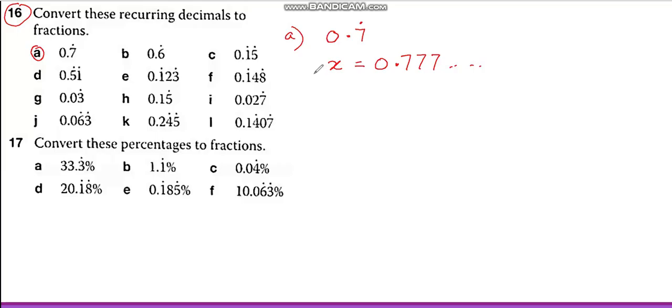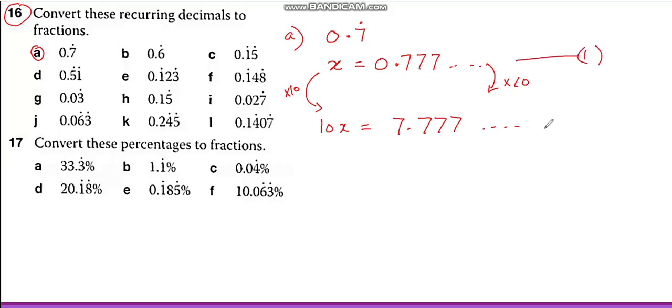Now we'll apply a bit of an algebraic technique here. First we will multiply both sides by 10. If we multiply both sides by 10, we get 10x on the left side, and on the right side we get 7.777 and so on. You can clearly see that if we call it equation 1 and this one equation 2, and subtract equation 1 from equation 2, the whole decimal part gets subtracted.